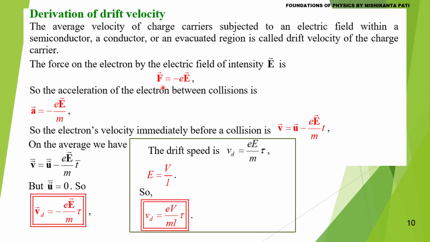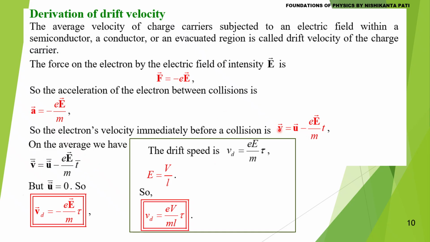The force on the free electron is minus e E vector. The acceleration of the free electron is F vector by m, so it is coming minus e E vector by m. The electron's velocity just before a collision is v vector equal to u vector plus a vector t. t is the time between two collisions. u vector is the electron's velocity just after the previous collision.